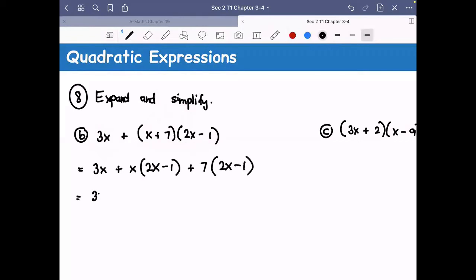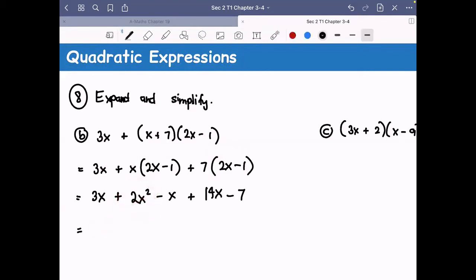Okay, so bring down 3x. So distribute this inside the brackets. So we have 2x squared minus x plus this is 14x minus 7. And then let's combine like terms. So since this has no pair, I'll just put it in front.